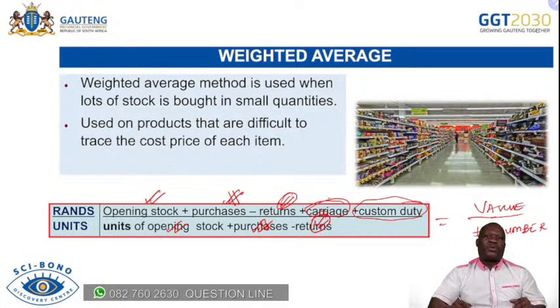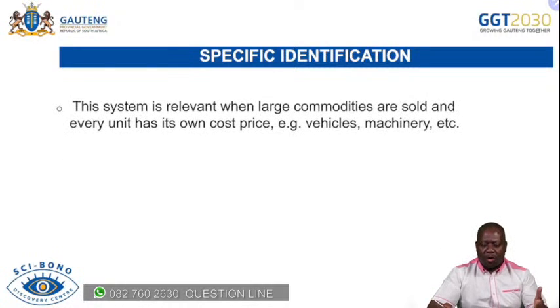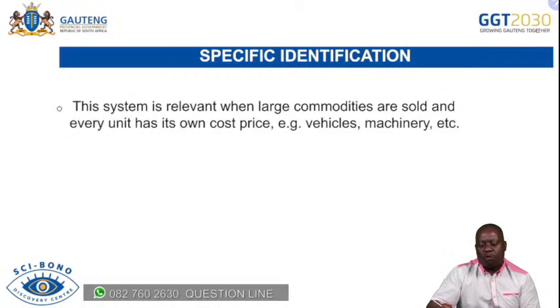Now we are going to look at some more information about these stock valuation methods. Specific identification is relevant when large commodities are sold and every unit has its own cost price, for example when you are selling used vehicles.